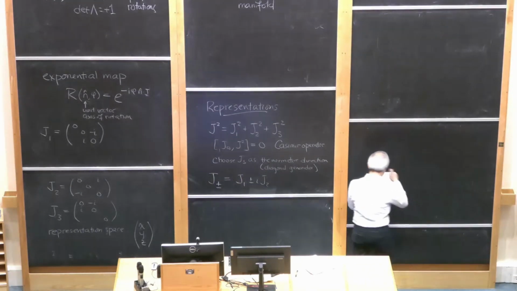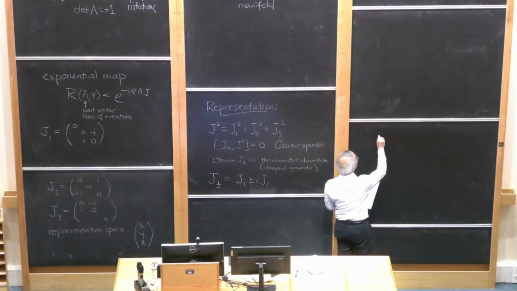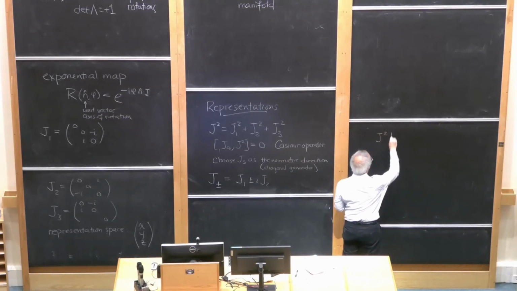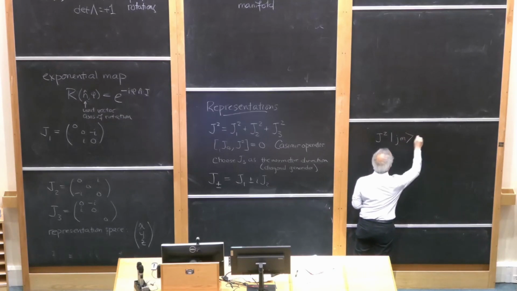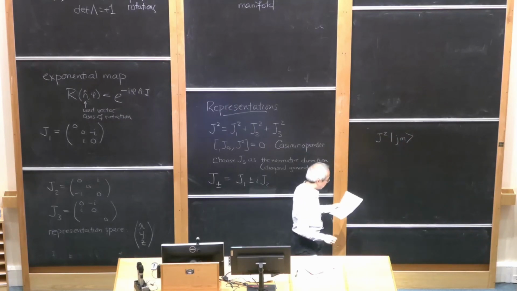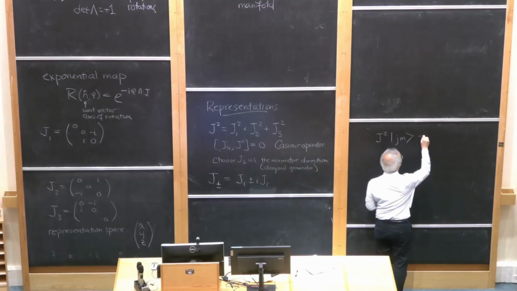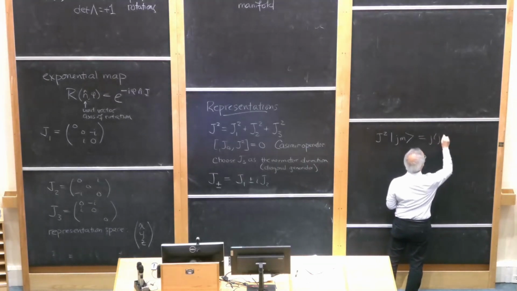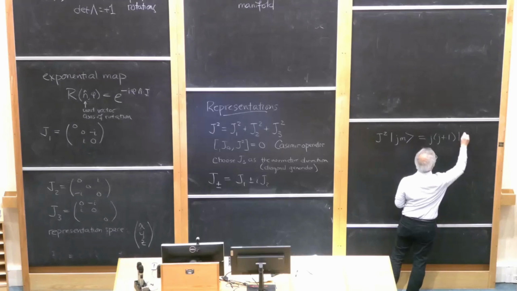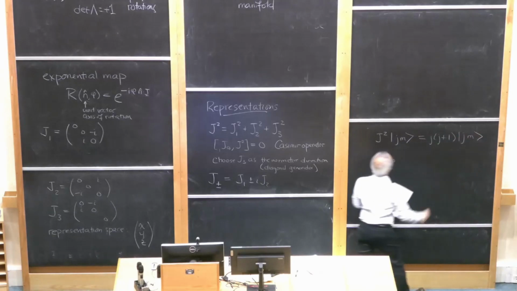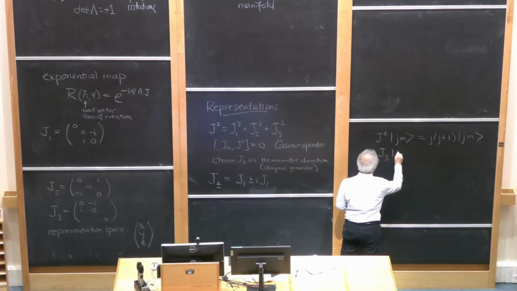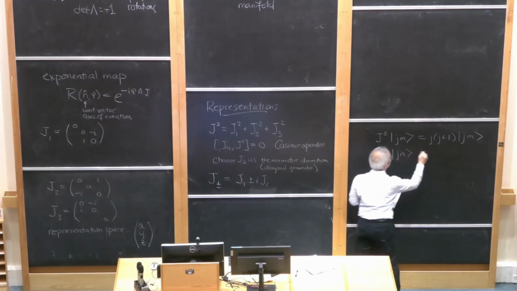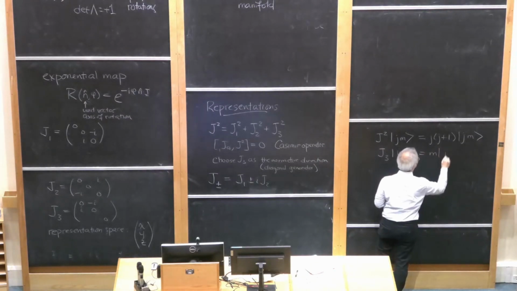And from that, pulling on from last year, you have J squared, and we'll write down the basis in a totally suggestive form. So J squared operating on the state will give you j(j+1) as an eigenvalue, and J3 will simply give you m back.